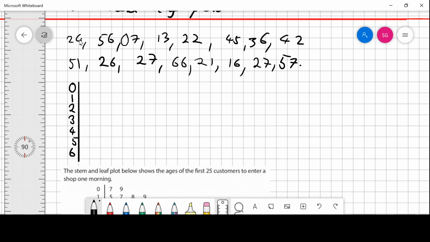So we have 24 here. So what you do is you go to the 2 on the stem, because the tens digit is 2. You just pop a 4 here, okay?